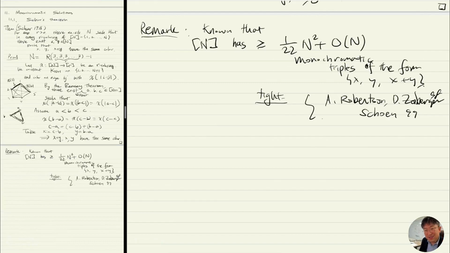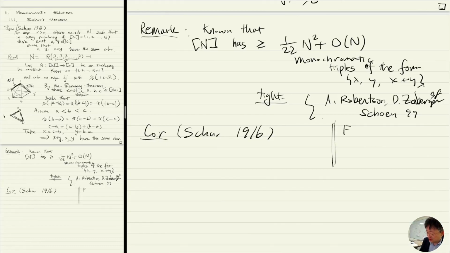One of the motivations for Schur to prove this theorem is the following corollary, from 1916, and this is related to Fermat's last theorem.